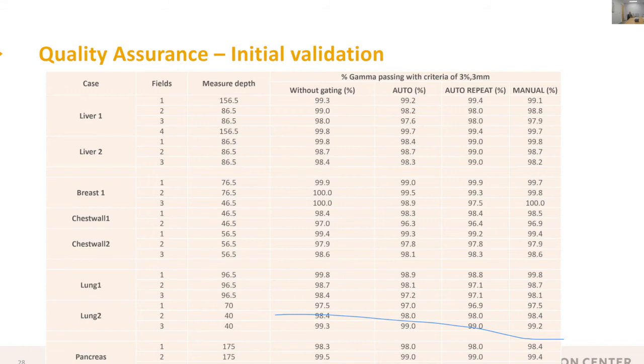It's not clinically significant, but very slightly higher. So the data show us the consistency of those calculations using this gating module, and gave the clinical team very high confidence to use this system for patient treatment.